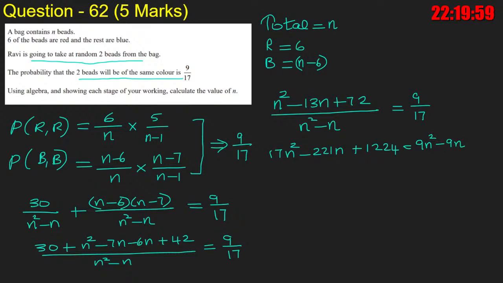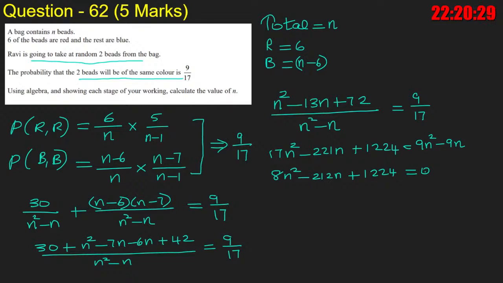Right? 17n squared take away 9n squared is 8n squared. And 221 take away 9 is 212. So minus 212n plus 1224 equals 0.